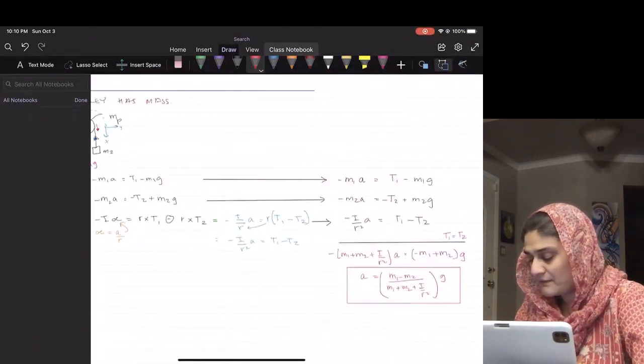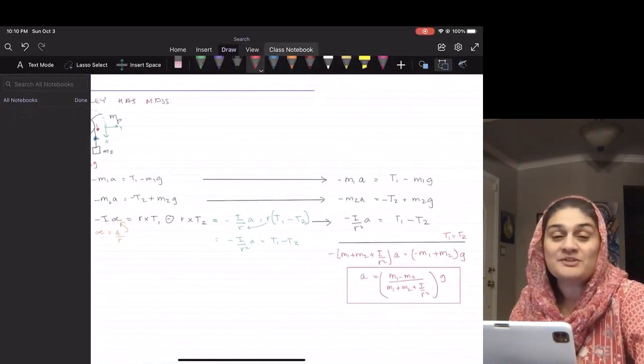That is the expression for the acceleration.